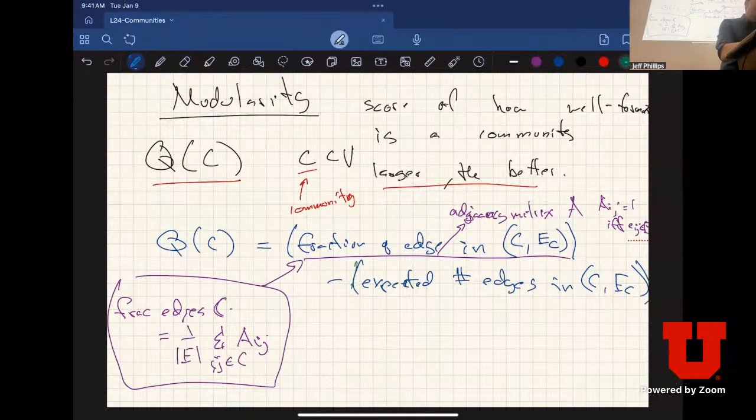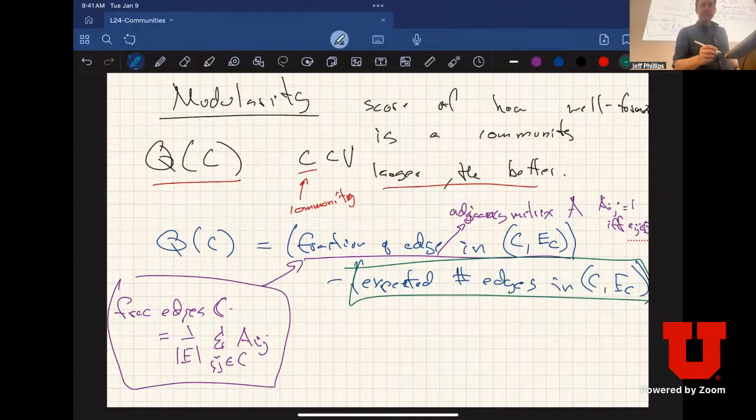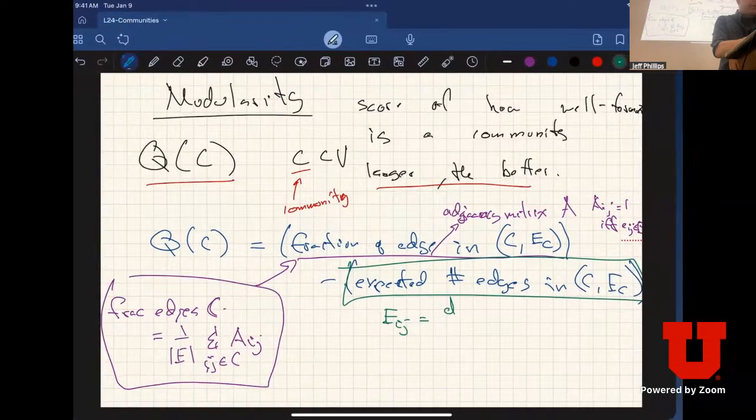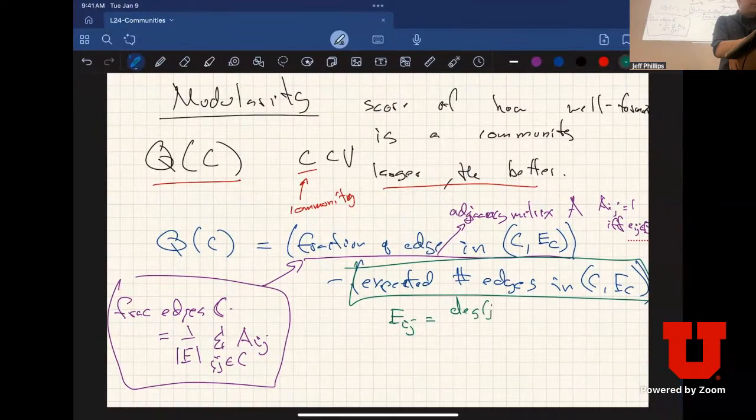And then the expected number of edges. This, again, like I did for the clustering coefficient, is going to be normalized by the degree. So the expected number of edges for ij is going to be the degree of node i times the degree of node j, divided by 2 times the number of edges.